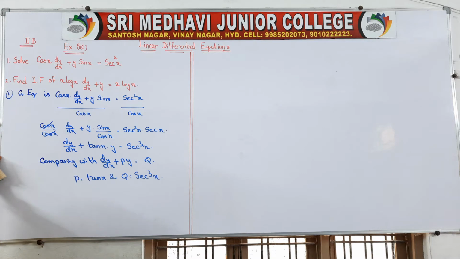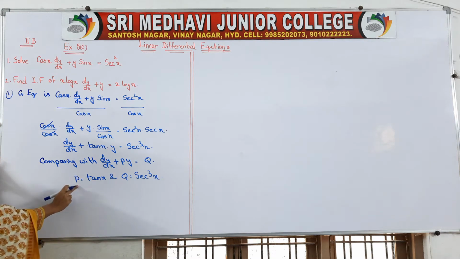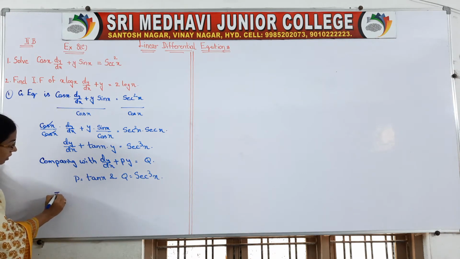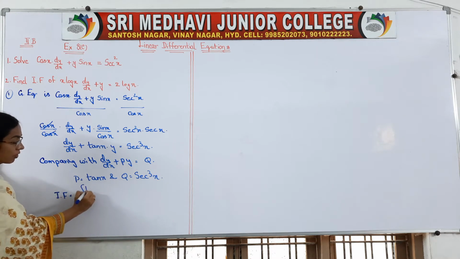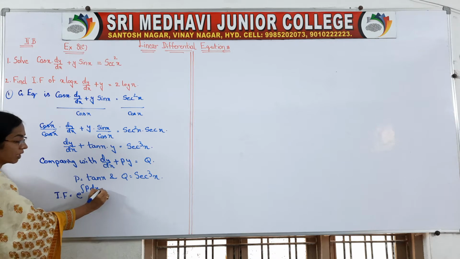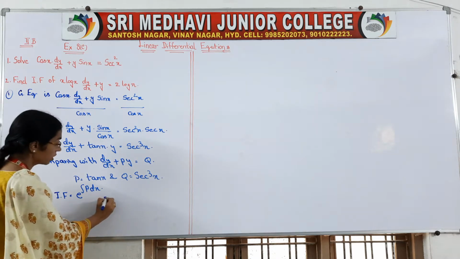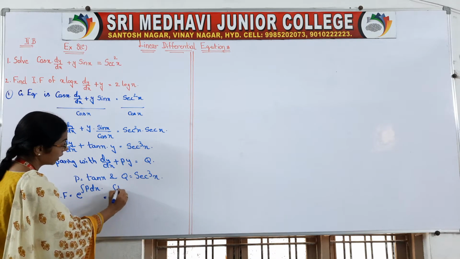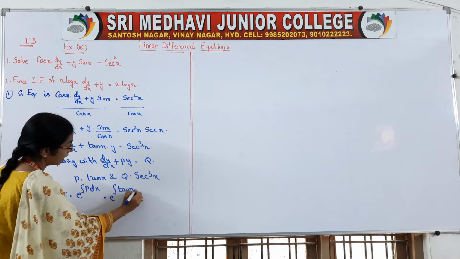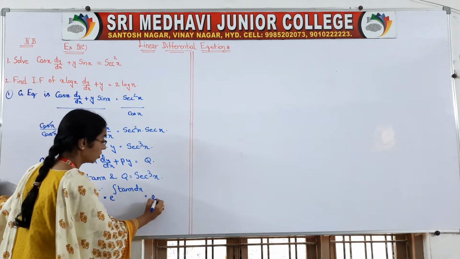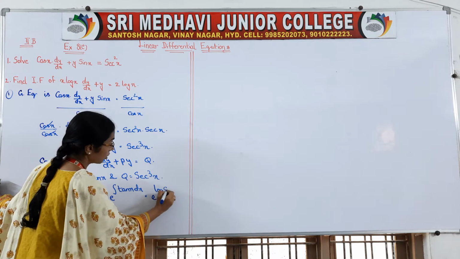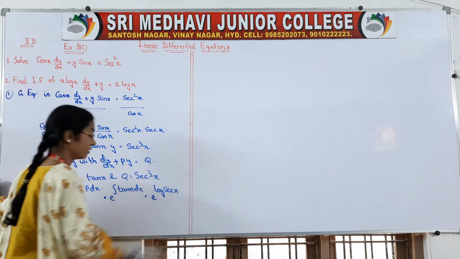So once we got our p, we have to find the integrating factor. The integrating factor is equal to e to the power of integration of p dx, which is equal to e to the power of integration of tan x dx, which is equal to e to the power of log of secant x.